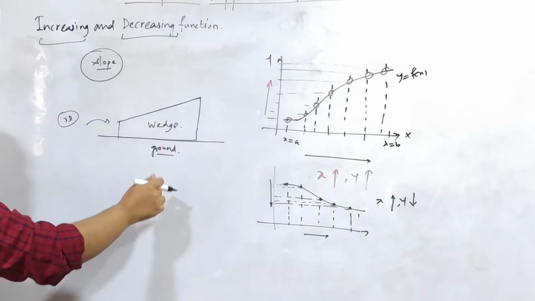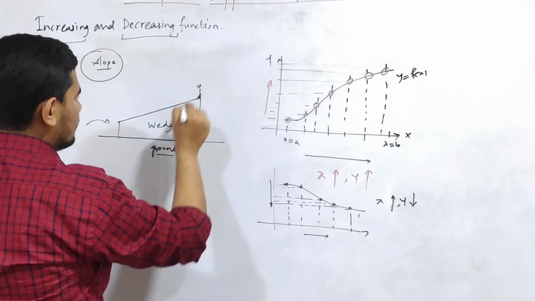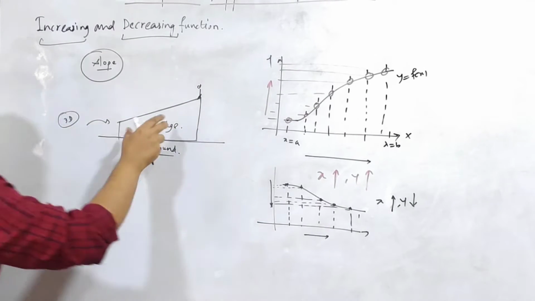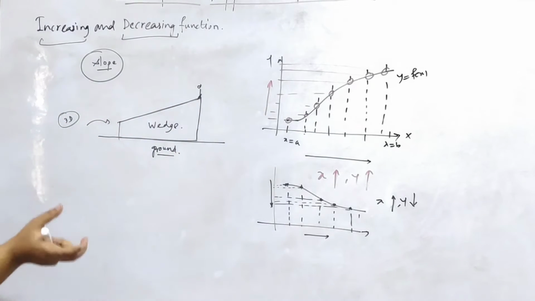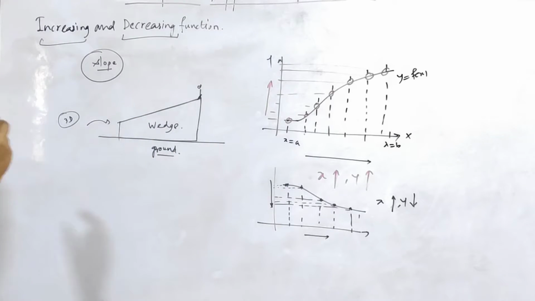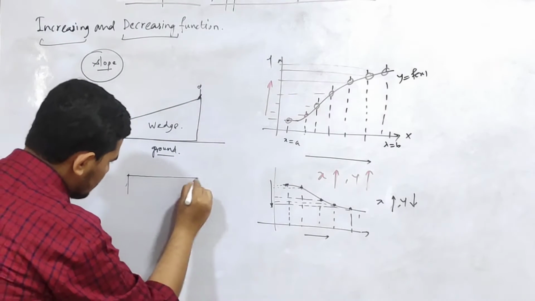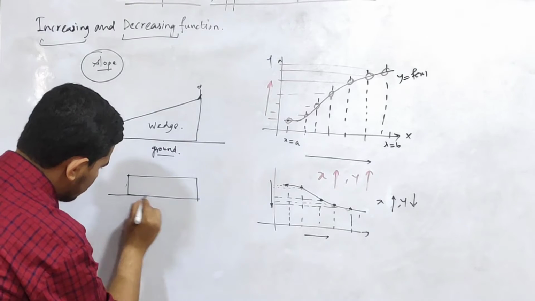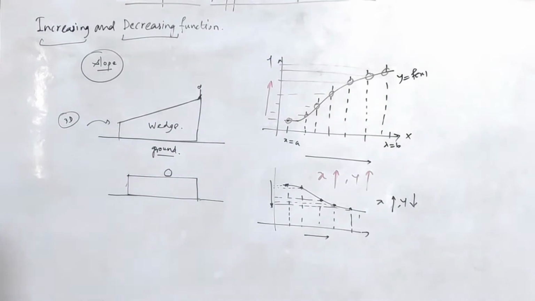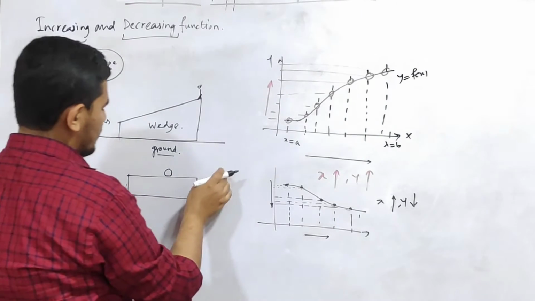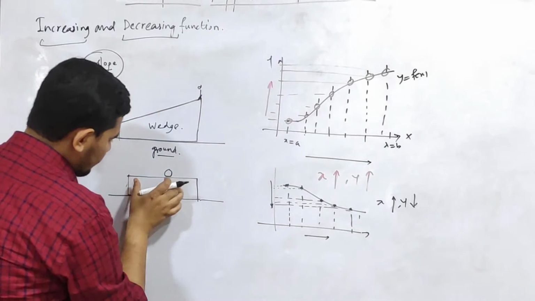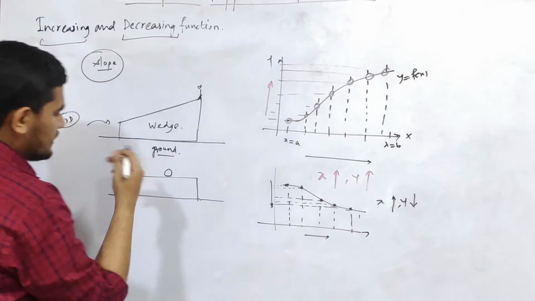This means that if a person is here, he can easily slide down. What do we mean by a function which doesn't have a slope? Let's suppose this is a flat block. If you put a ball here, this ball will not go anywhere. It will go neither to the right nor to the left. This means that this surface has a slope of 0.